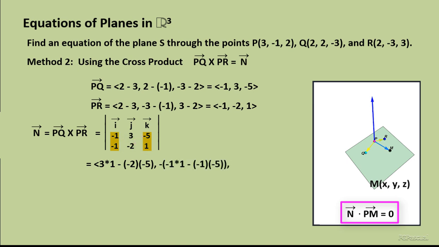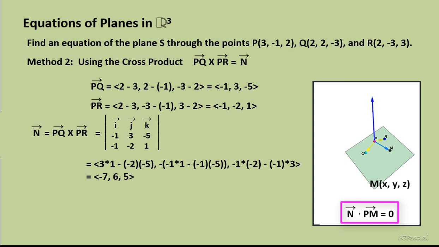The third component is the determinant of this 2 by 2 submatrix, so that we have -1 times -2 minus -1 times 3. Simplifying, we get the vector -7, 6, 5.